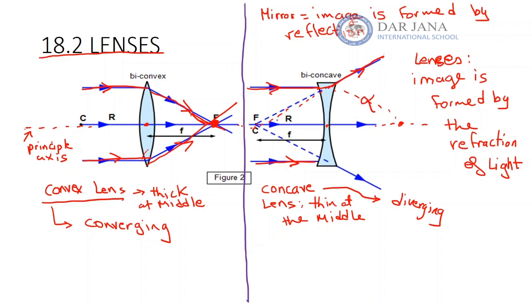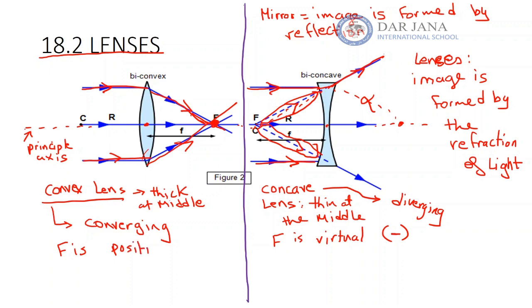So this is wrong. They diverge, so they appear to be going out from the focal point. As you see, this is not a real light ray. It's going out from the focal point, and this is virtual. So here F is virtual. When we have a virtual focal point, we take the focal length as negative. Here F is real, it is positive.